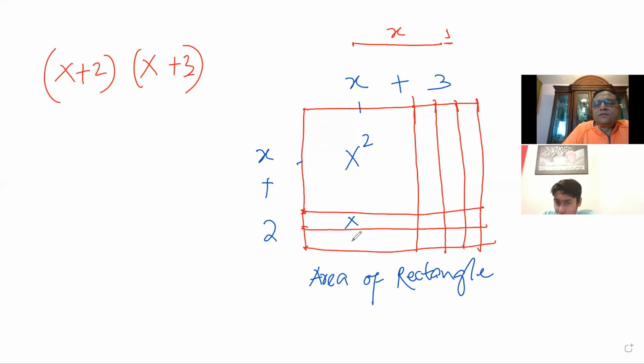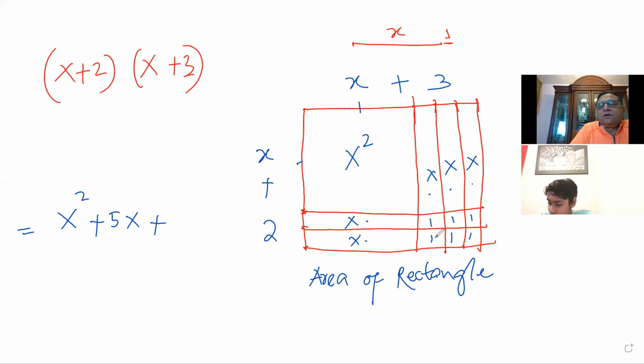These are x units. These are all x units. Okay. And these are 1 square, correct? So 1, 1, 1, 1, 1. Do you see this? So now when you do that, you get your result, which is equal to x squared plus 1, 2, 3, 4, 5x plus 1, 2, 3, 4, 5, 6.